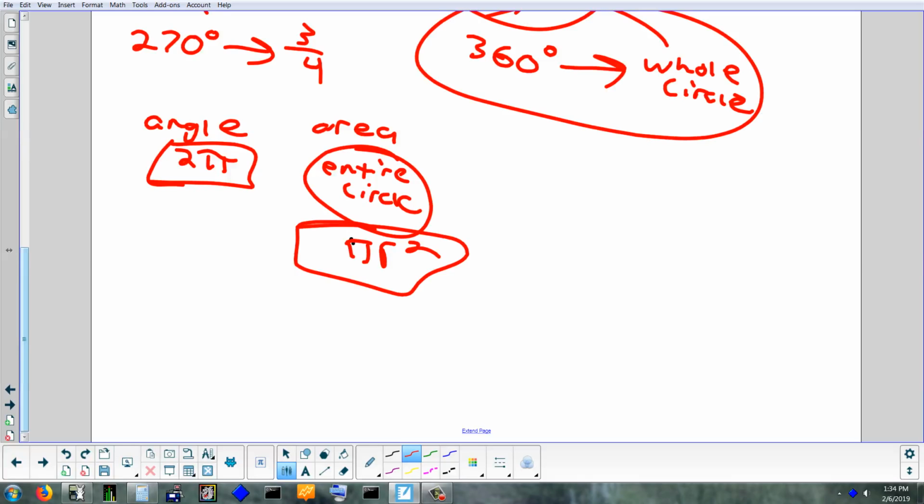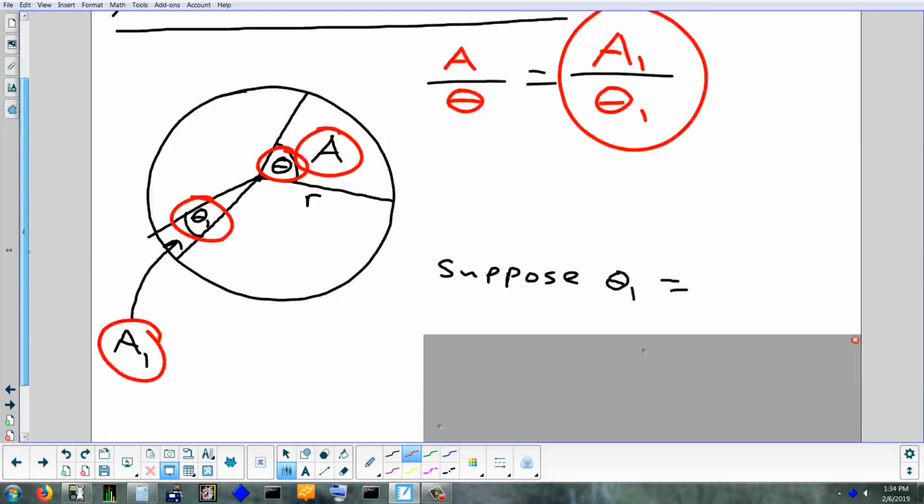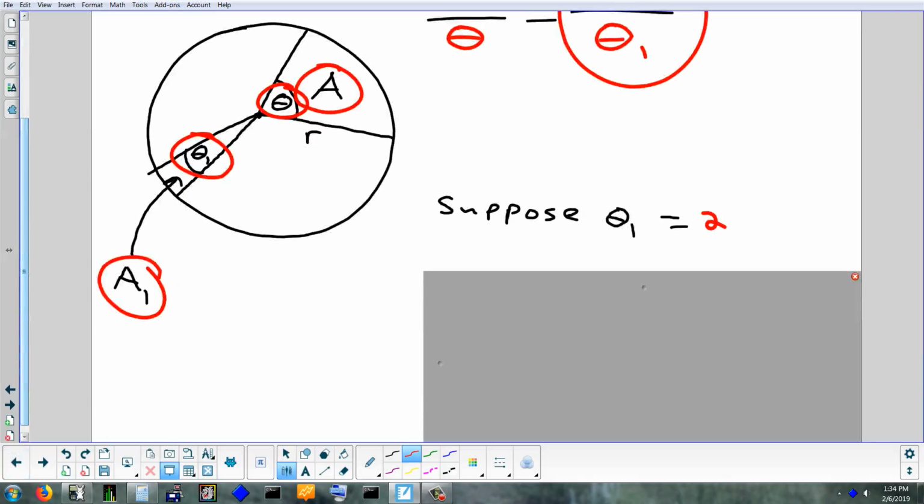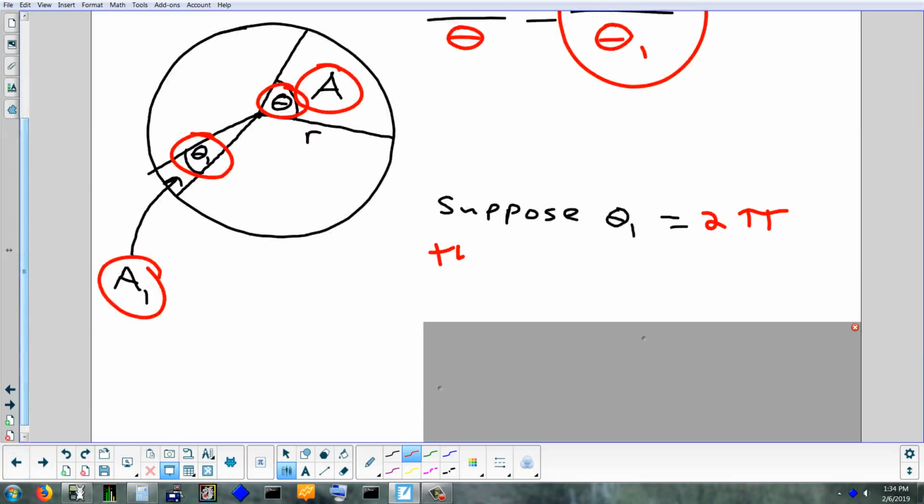There's a connection between angle size and area size. If the angle is 2 pi radians, then the area that's connected with that would be the entire circle. The angle is 2 pi, the area is the whole circle, and we just wrote down the formula.